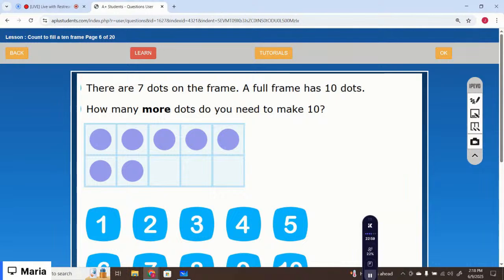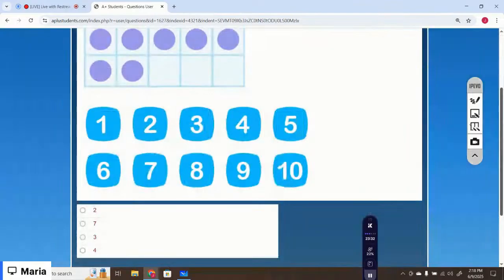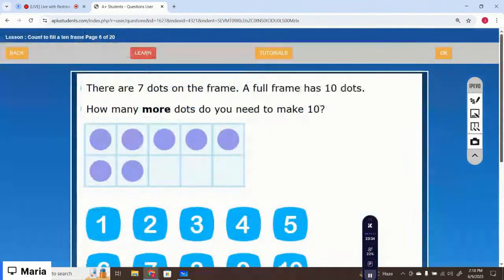There are 7 dots on the frame. A full frame has 10 dots. That is 3. The correct option is 3. Option number 3 is the correct option.